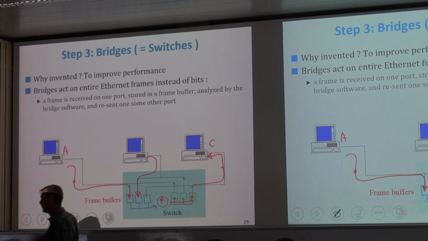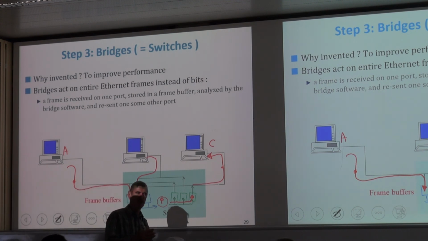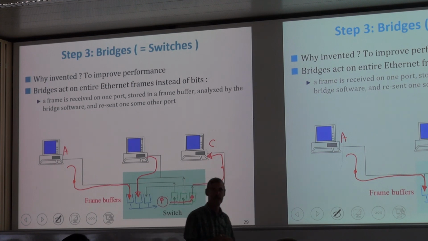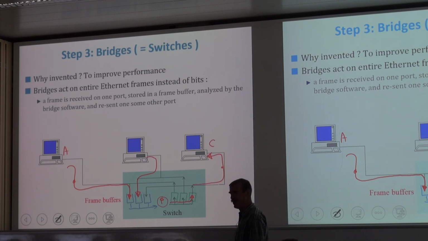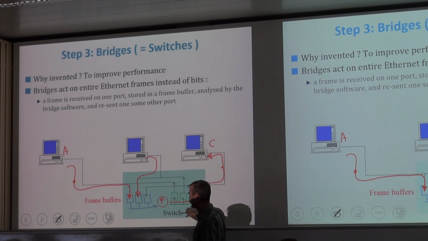But since it was done in the 80s, if you ask people to do a router, they ask the question, a router for which protocol? And then you would have to do a multi-protocol router that would support the 20 or 30 different routing protocols that existed at that time. So instead they say, let's do a lower level thing that forwards packets independent of the network layer protocol. And that is called a switch.